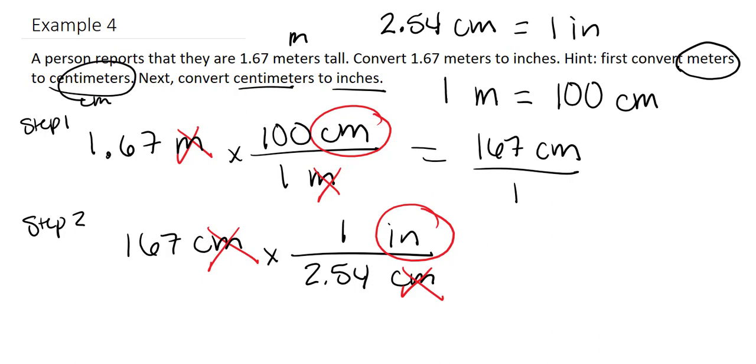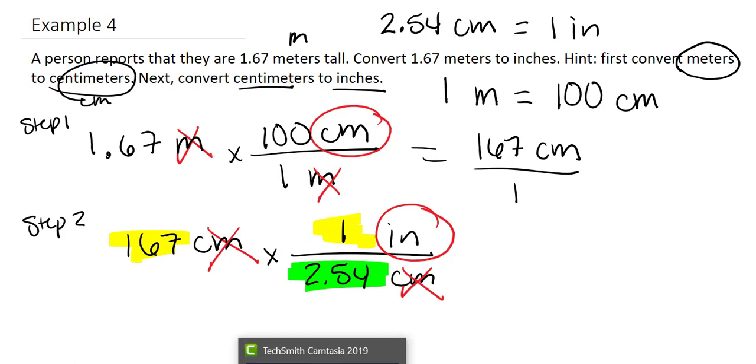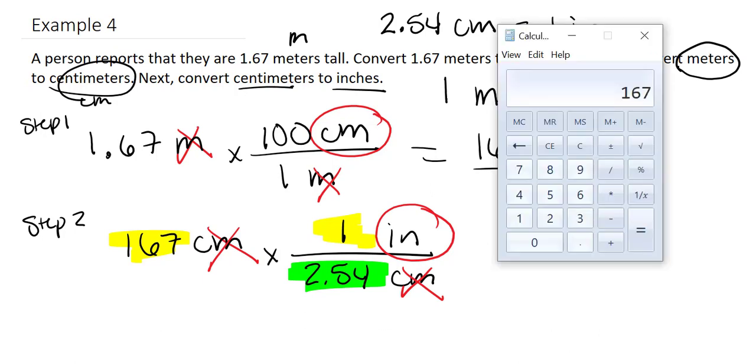So we're going to now multiply 167 times the 1. Then we're going to divide by 2.54. So let's go ahead and get our calculators out. So we have 167 multiplied by 1.